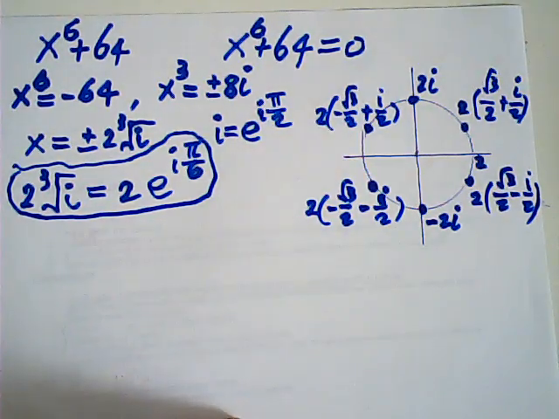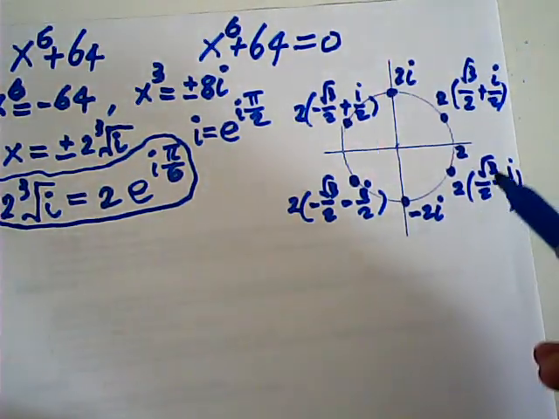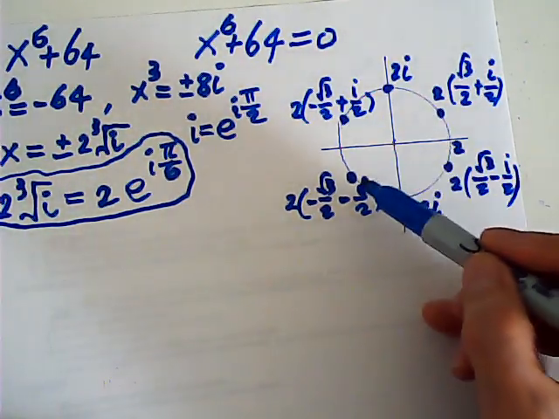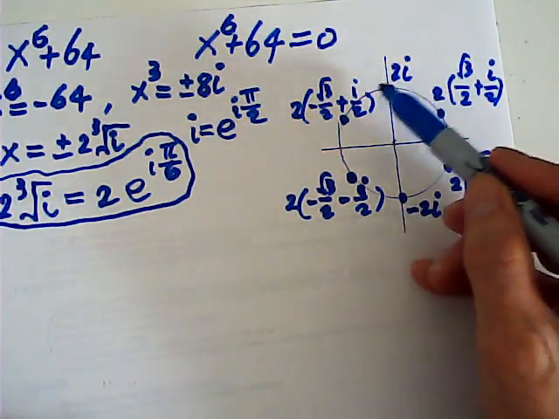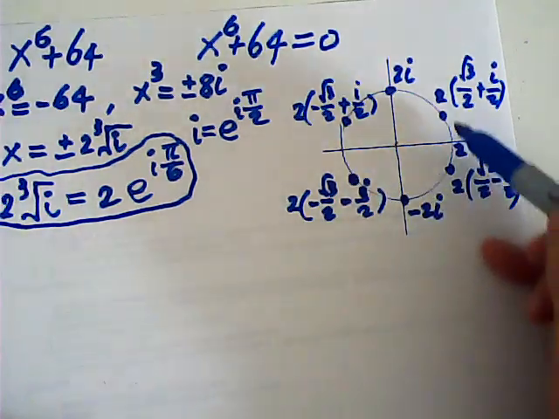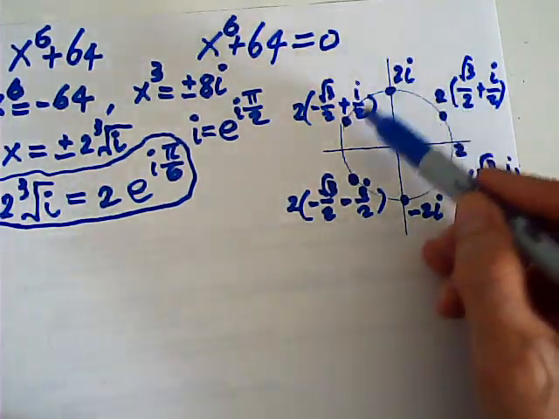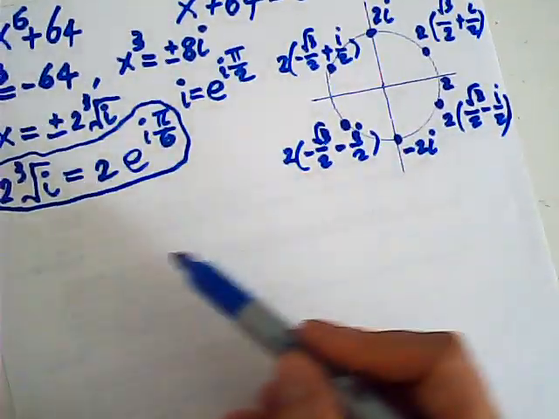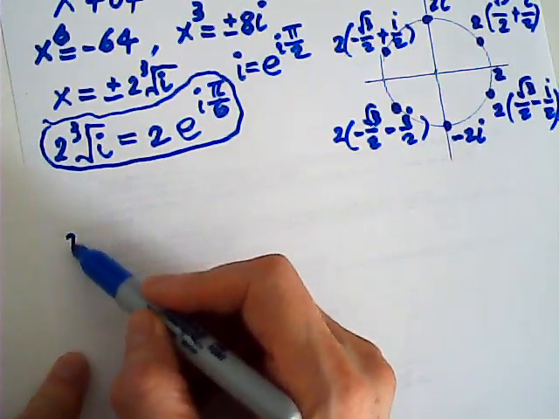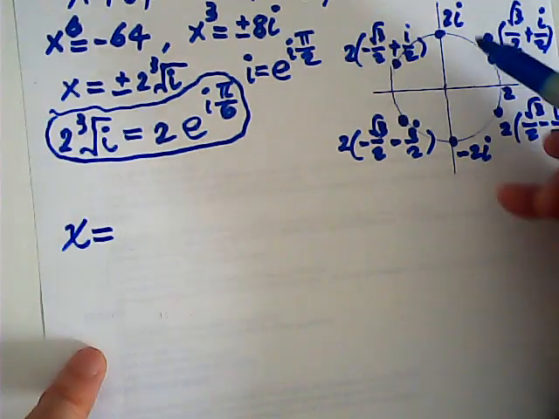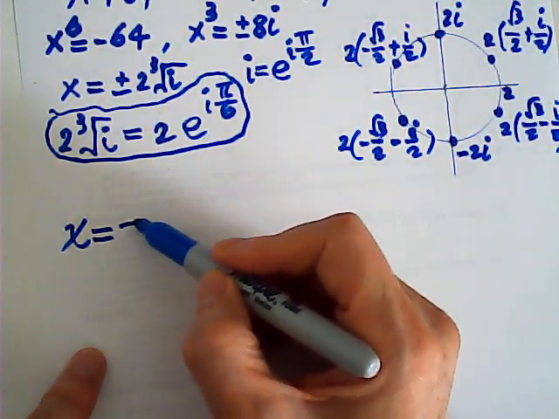Yeah, okay. You have 6 roots: 1, 2, 3, 4, 5, 6. Each of them is 60 degrees apart. They all lie on the same circle with radius 2. So we find the 6th roots: x is equal to plus or minus 2i.